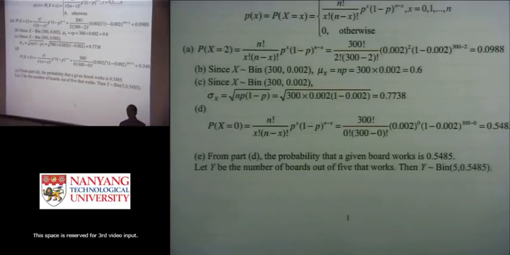For this binomial distribution, can we approximate to Poisson distribution? No, because the number of trials is small, and the success probability is too large. Okay? Then we look at question 3.